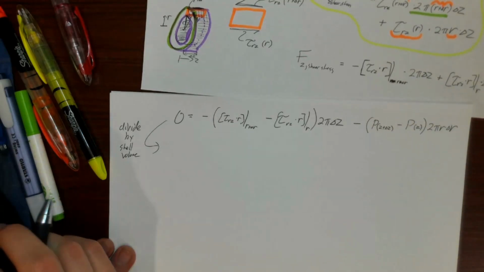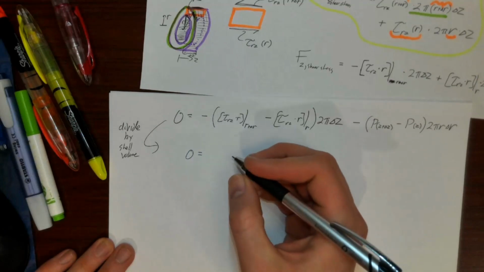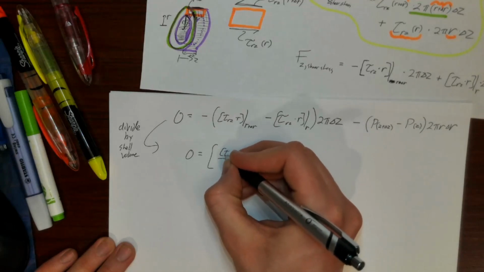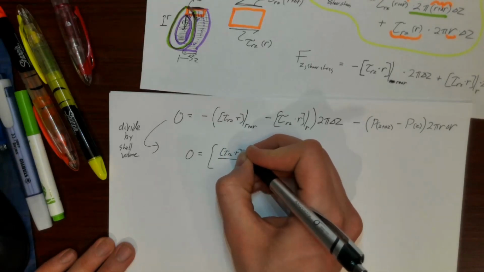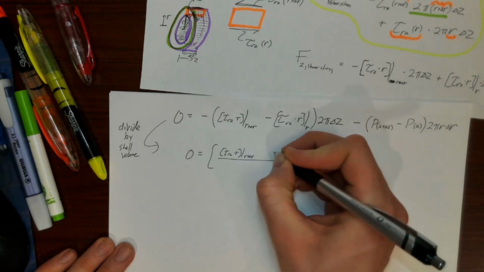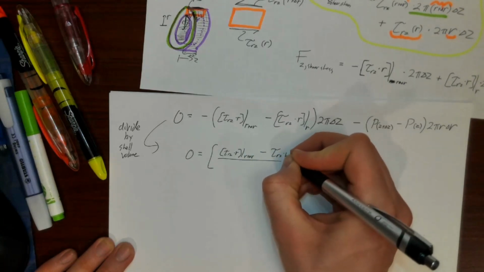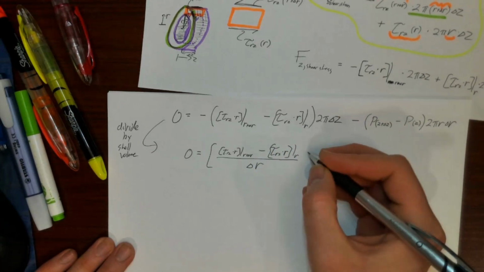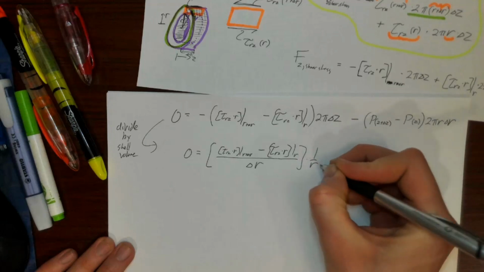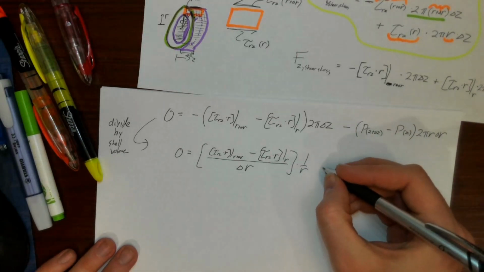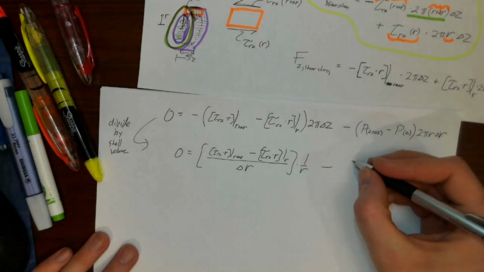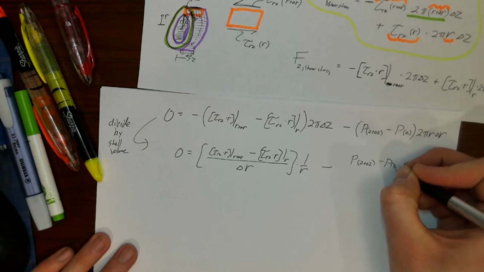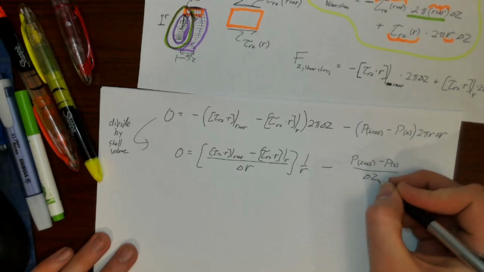I get 0 is equal to tau rz times r evaluated at r plus delta r minus tau rz times r evaluated at r, divided by delta r, times 1 over r. And then minus p at z plus delta z minus p at z, all of this divided by delta z.